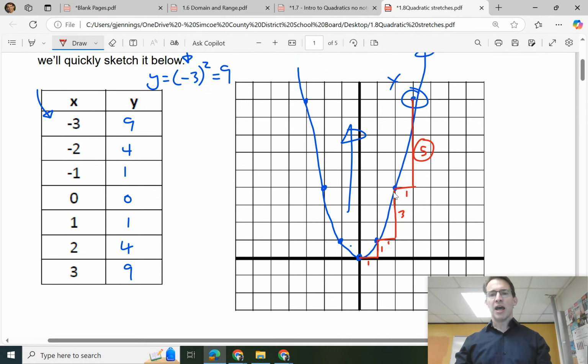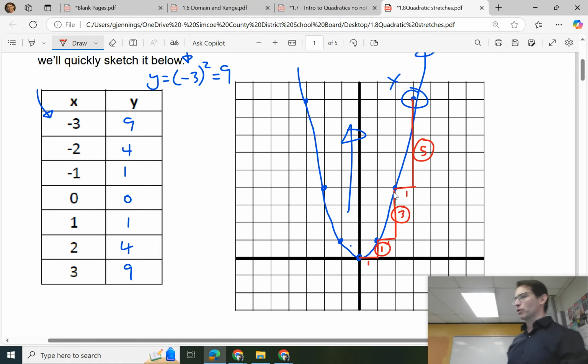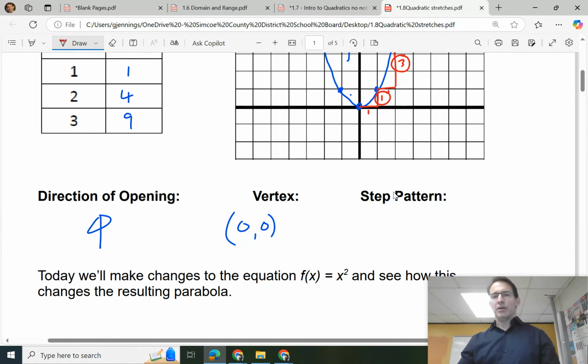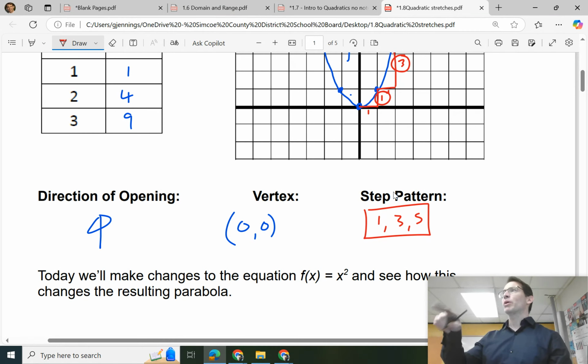And this pattern of the odd integers, 1, 3, 5, absolutely continues off to infinity. So this thing continues growing by 7, 9, 11, 13. You've been counting by those for a long time, so that's pretty useful. So that's what we would call the step pattern, 1, 3, 5. When I leave the vertex traveling right, how much do I increase by each step?